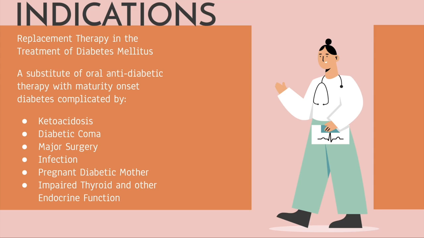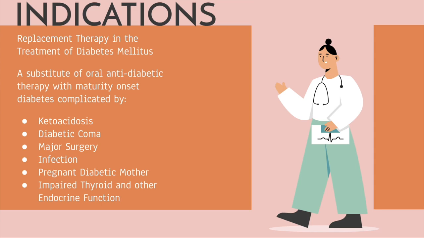For ketoacidosis, this is due to the absence of or an inadequate amount of insulin, thereby causing decreased utilization of carbohydrate and increased breakdown of fat and protein, resulting in dehydration and loss of sodium, potassium, chloride, and bicarbonate.